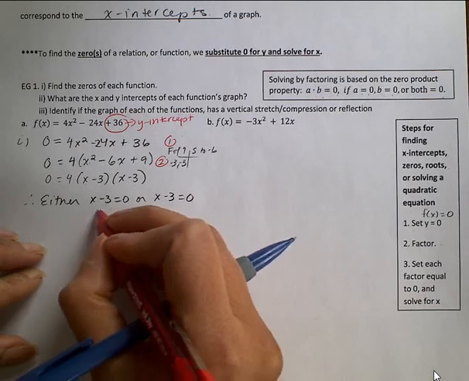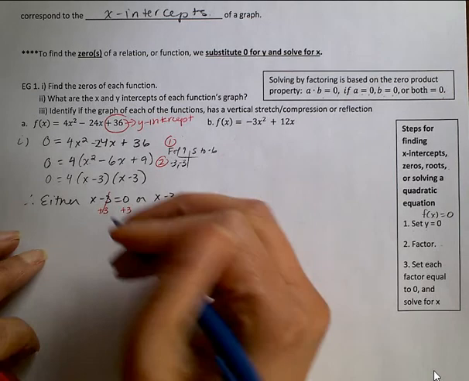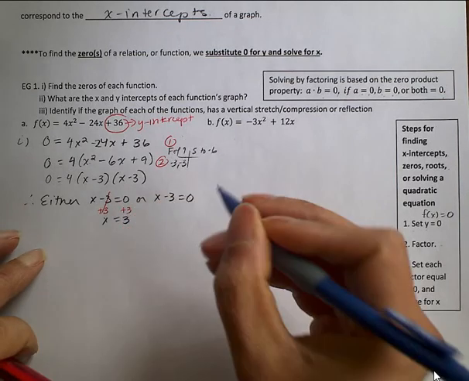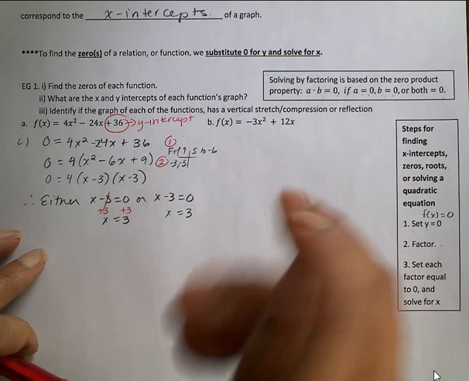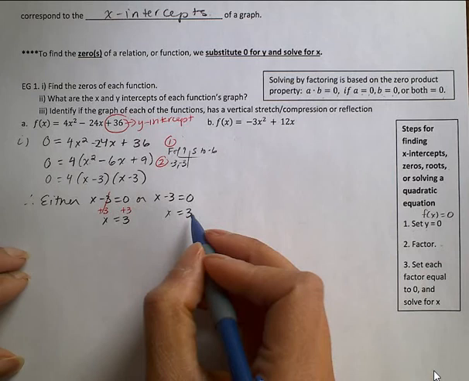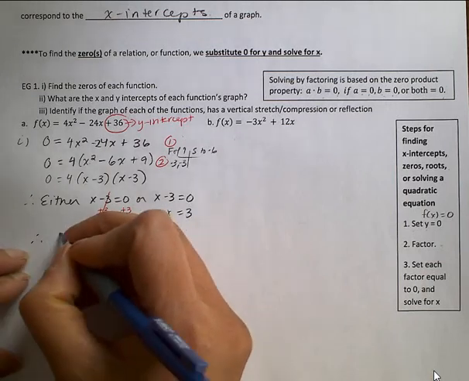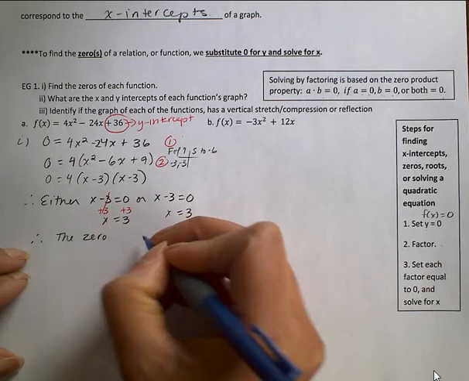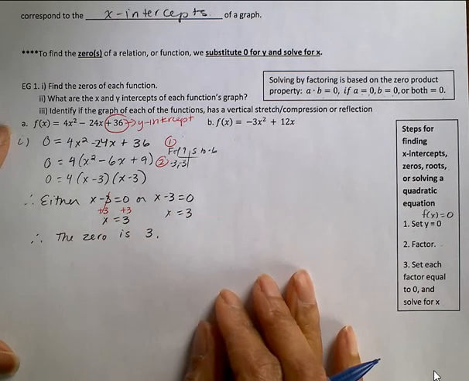I'm going to add 3 to both sides to isolate the x, and I get x equals 3. And since this is identical, when I add 3 to both sides, I get x equals 3 here as well. So I just found the zeros. However, in this case, there's only one zero. So therefore, the zero of the function is 3.